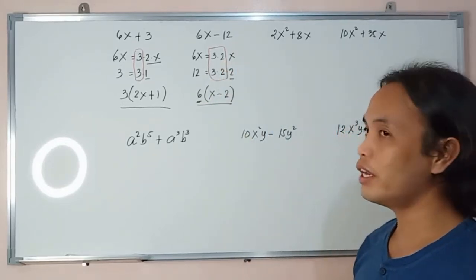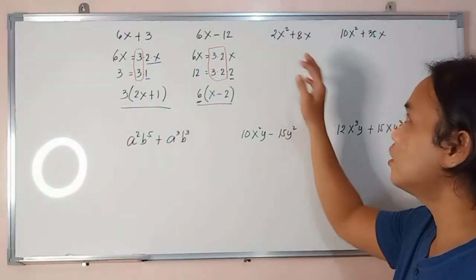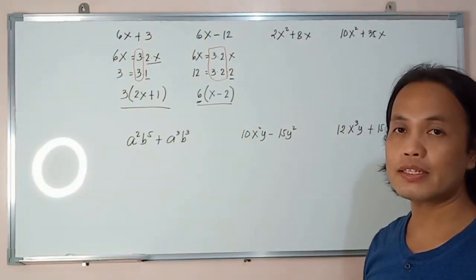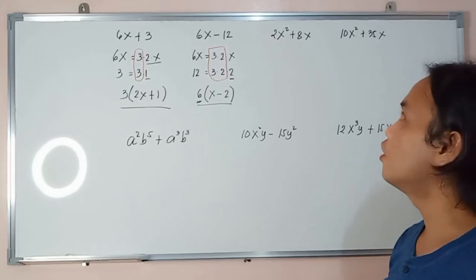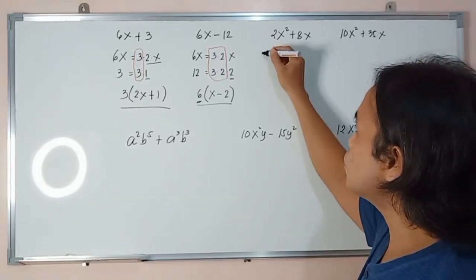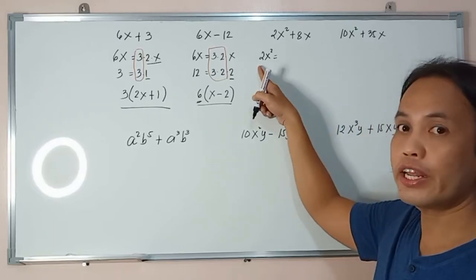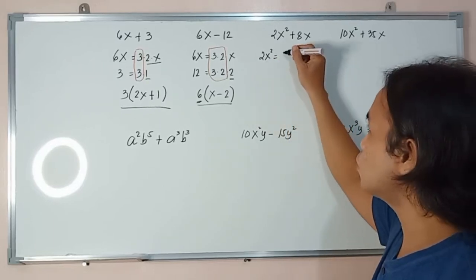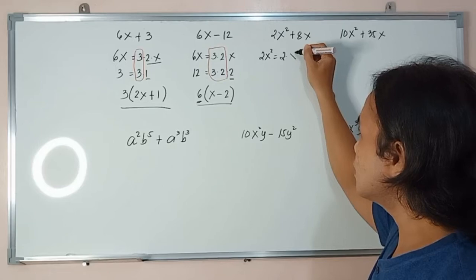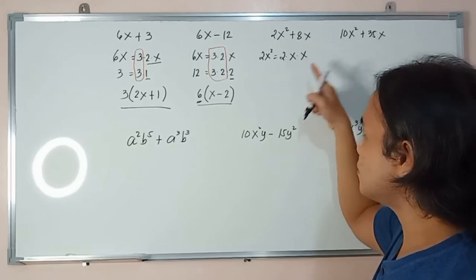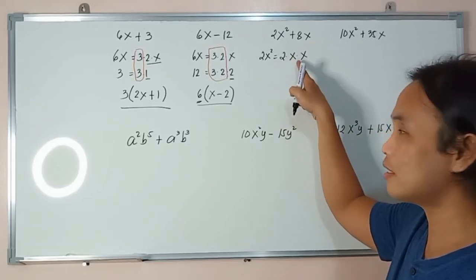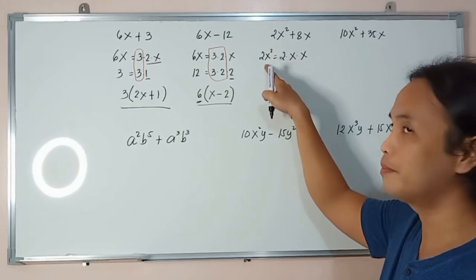Okay, let's proceed to another example. We are given 2x squared plus 8x. Same process. For the first term, 2x squared, since 2 is already a prime number, we write 2 times x times x. 2 times x times x gives us x squared.